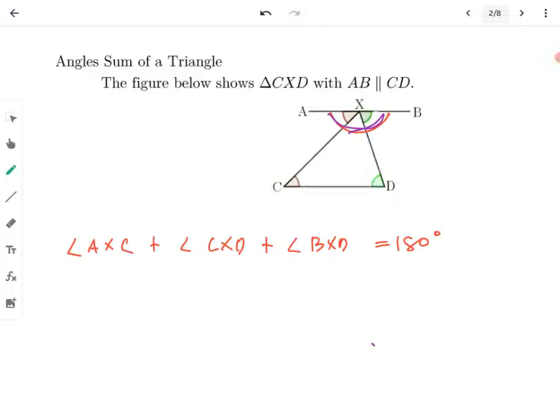We also learned that when parallel lines are cut by a transversal, we find a lot of angle relationships.